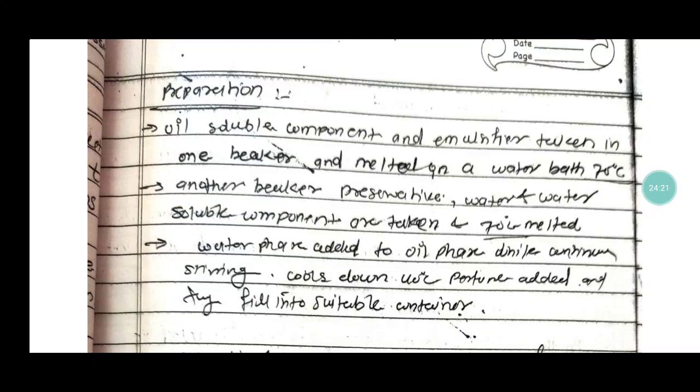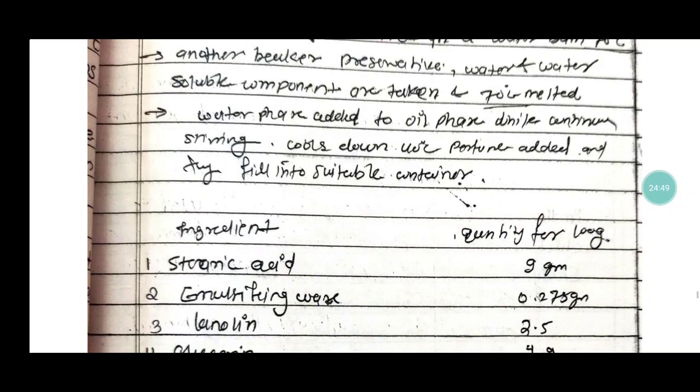In another beaker, preservatives, water and water soluble components are taken and heated to 70 degrees Celsius. The water phase is added to the oil phase with continuous stirring and cooled down to 40 degrees Celsius, then add the perfume and fill into a suitable container.